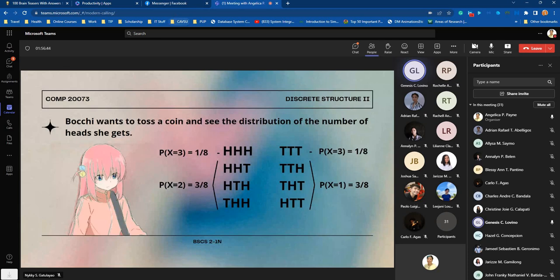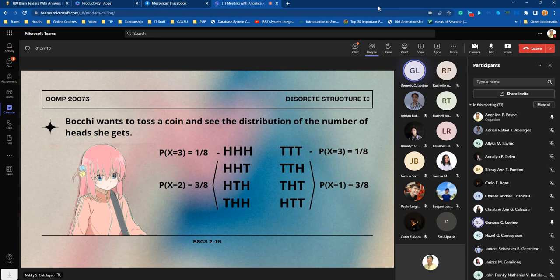Ayan. So yung probability of 3 heads would be 1/8. That's roughly 12.5%. While the probability of having 2 heads and 1 head is all equals to 3/8. That's roughly 37.5%.